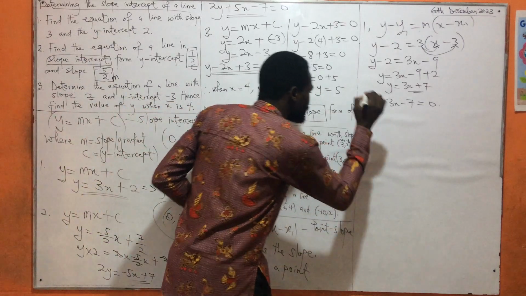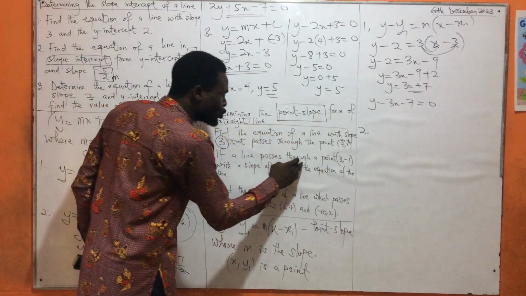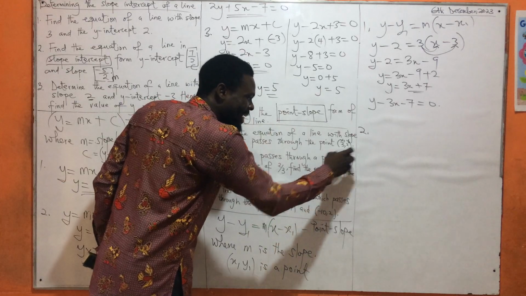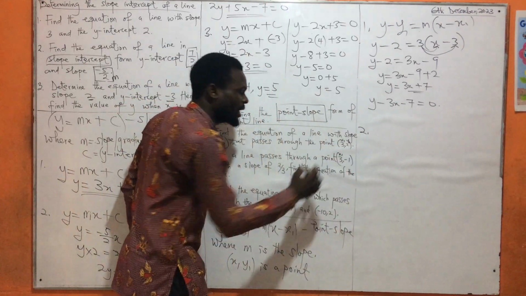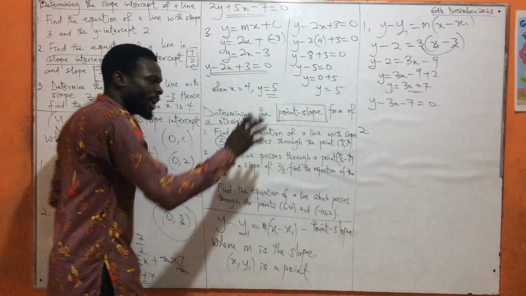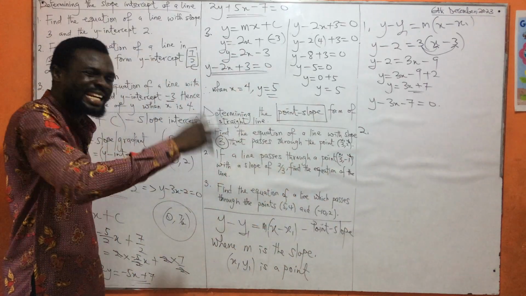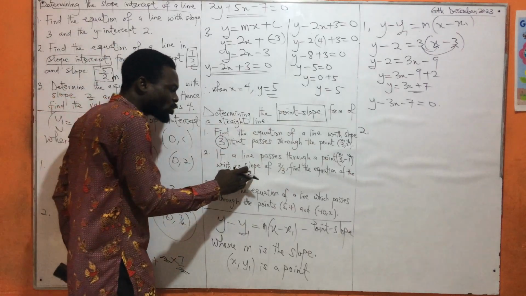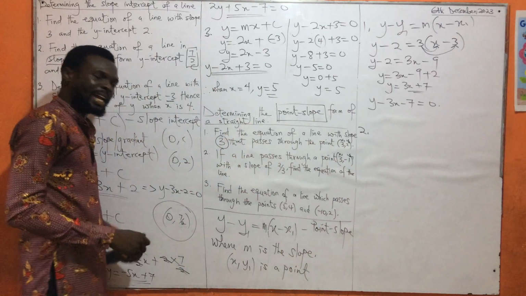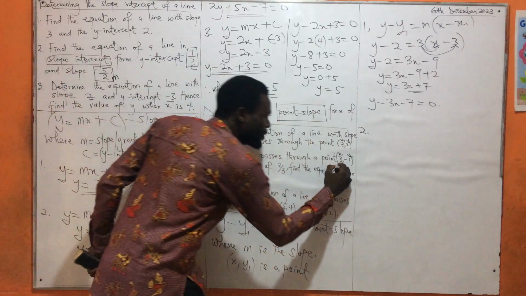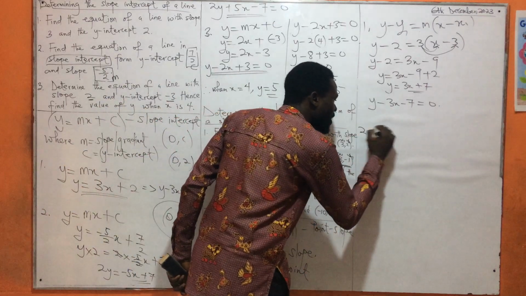Number 2, it says that if a line passes through a point (3, negative 1), so here this is your x1, this is also your y1, so you have been given a point. So if a line passes through a point (3, negative 1) with a slope of 2 over 3, find the equation of that line. So here, since I've been given a point and I've been given a slope, I'll just use the point slope.